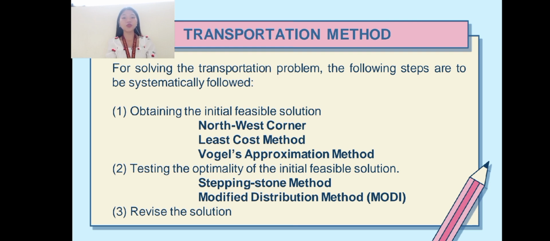These are the northwest corner, least cost method, and the Vogel's approximation method. For the second one, we have testing the optimality of the initial feasible solution. Under this, we have the stepping stone method and the modified distribution method or MODI. And the final step is we need to revise the solution until the optimum solution is obtained.